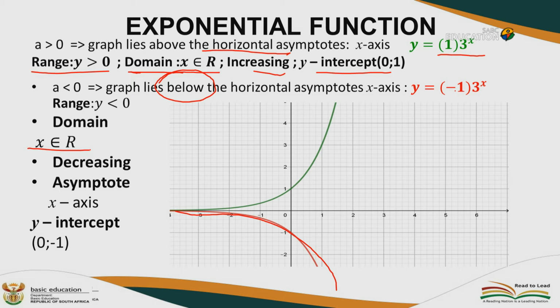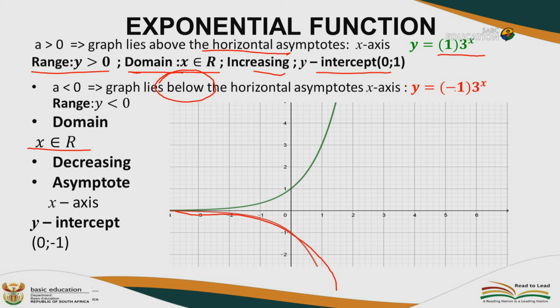What is our range this time? Our range changes. It's y less than 0, because the graph is defined below the x-axis. Remember, the range is where the y values of the graph are defined. What will be our y-intercept? At (0, -1).